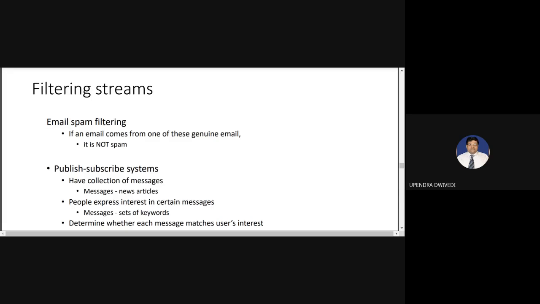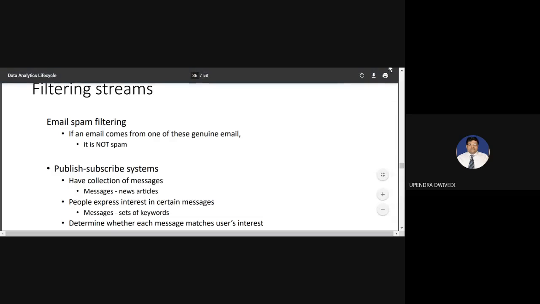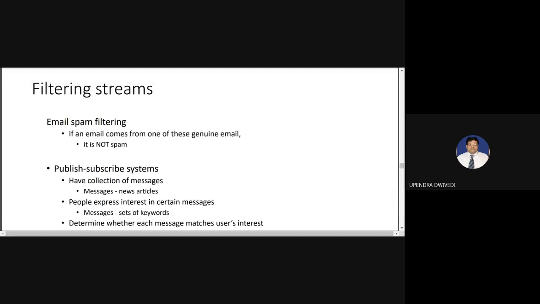Another problem with the data stream is that you have to process it instantly. Suppose we are working on an e-commerce website and we have to find out how many users are accessing a discount product. So how can you find out this information? It's an instant phenomenon.